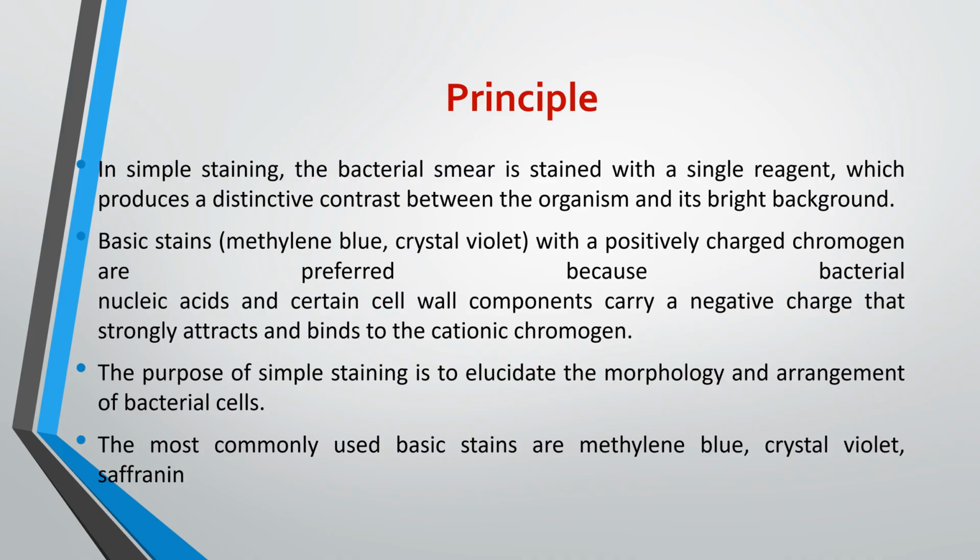Basic stains such as methylene blue and crystal violet, with a positively charged chromogen, are preferred because bacterial nucleic acids and certain cell wall components carry a negative charge, which strongly attracts and binds to the cationic chromogen. The purpose of simple staining is to elucidate the morphology and arrangement of bacterial cells. The most commonly used basic stains are methylene blue, crystal violet and safranin.